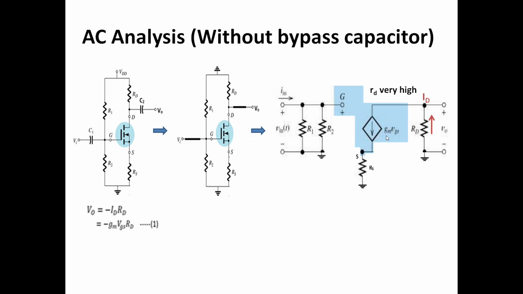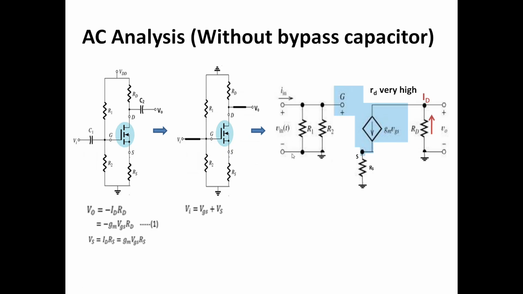So ID equals GMVGS, and we can write V0 equals minus GMVGS into capital RD. That is written here. Now this GMVGS current also flows through this RS, so the potential drop across this RS is Vs equals ID into RS, and ID equals GMVGS. So Vs equals GMVGS RS.